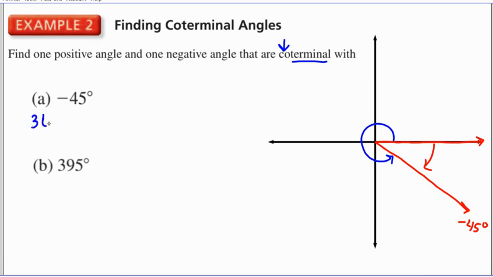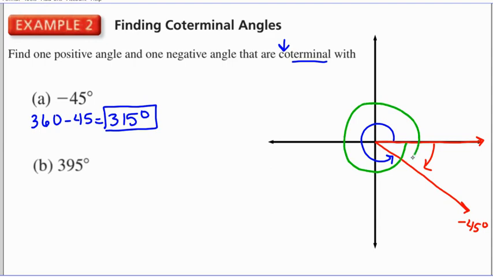So if I do 360 minus 45, I get 315 degrees. So that's a coterminal angle with my negative 45-degree angle. Okay, it's also asking for a negative angle. So if I go down, that's negative, go past the angle, keep going around, and stop when you get to that terminating side again.